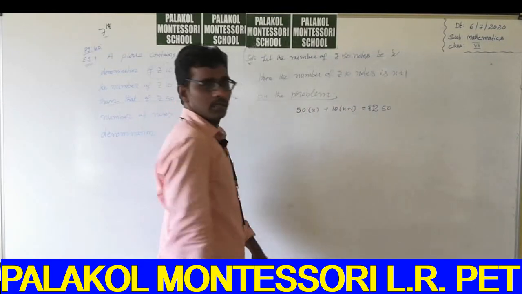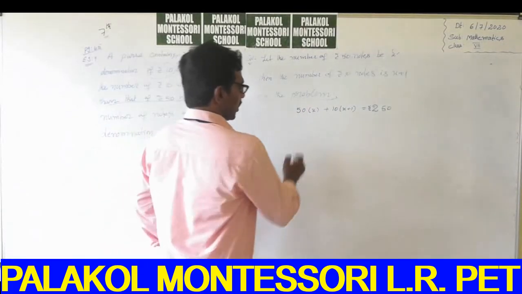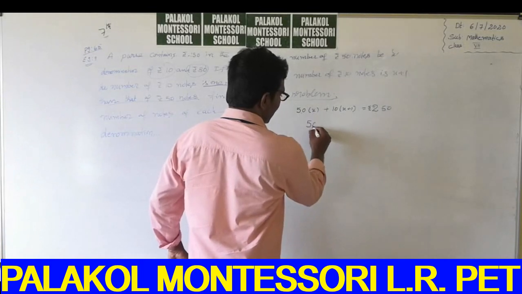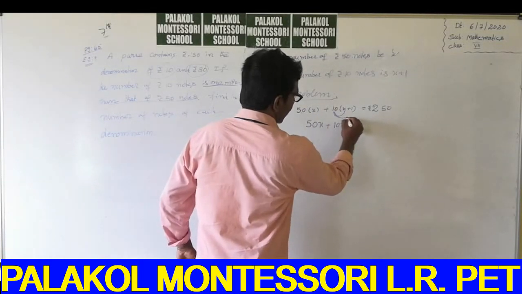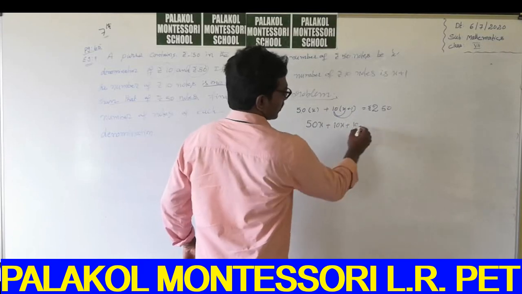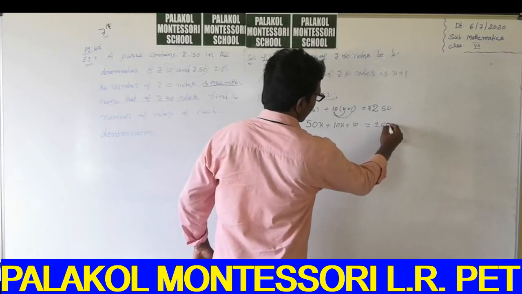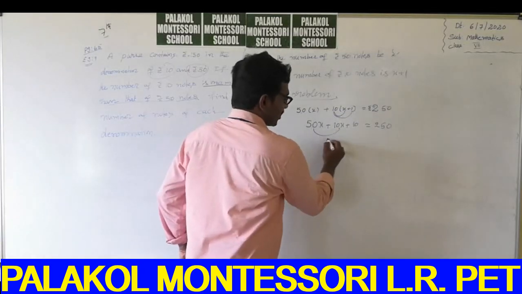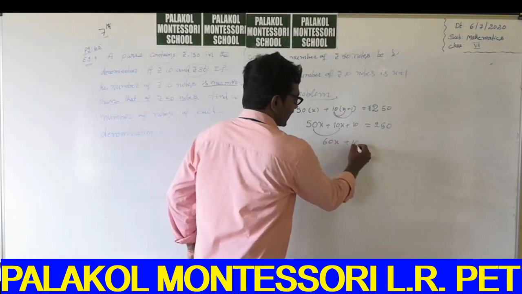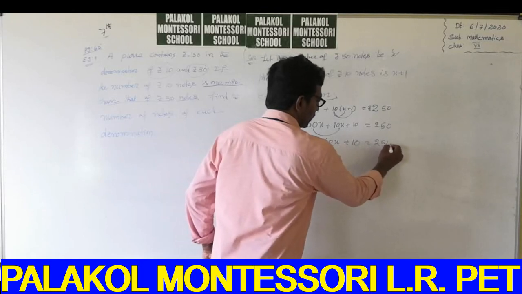Rupees, 250 rupees. Now, 50 into x, 50x, 10 into x, 10x, 10 into 1, 10, equal to 250. So, 50x plus 10x, 60x plus 10 is equal to 250.